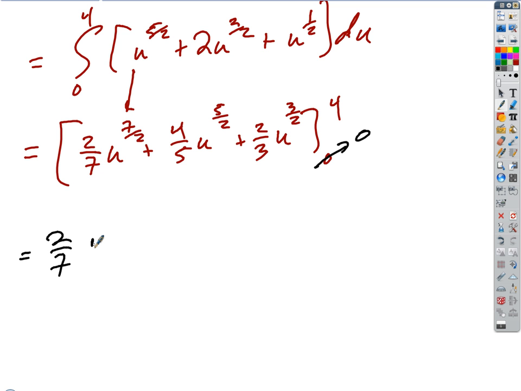Good, because 4 to the 7/2 is the same thing as 4 to the 1/2 to the 7th. Remember, when you're dealing with a fractional power, you always deal with the radical first. So 4 to the 1/2 is what? 2. 2 to the 7th is 128. If you know 2 to the 6th is 64, then 2 to the 7th is just 2 times that.